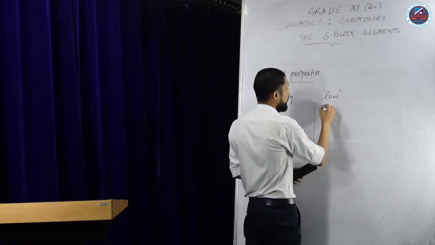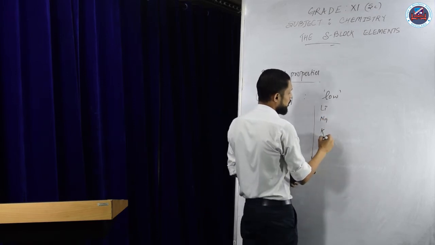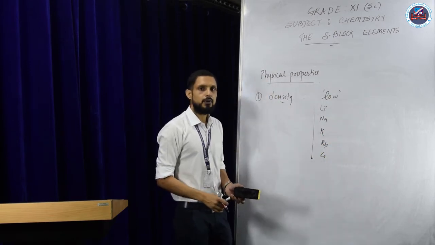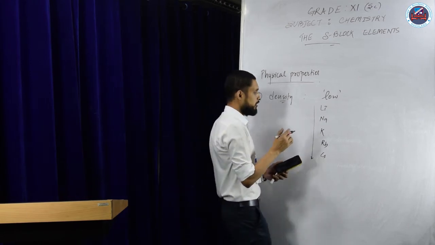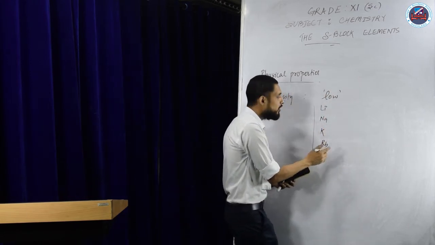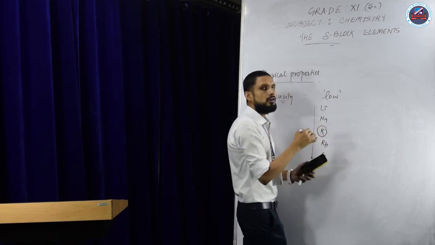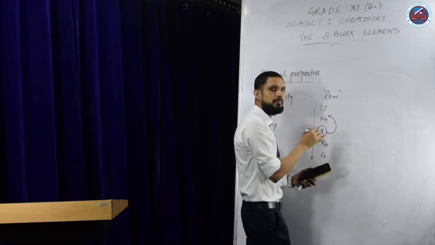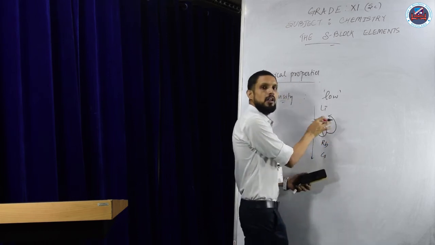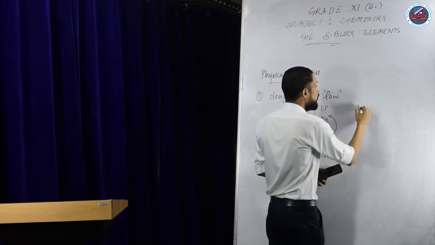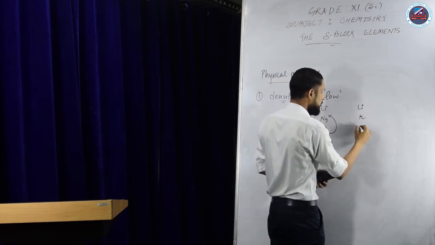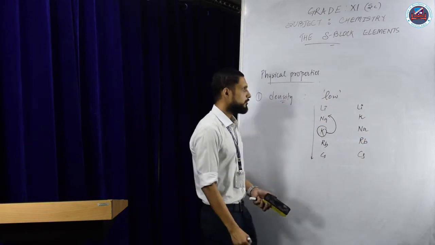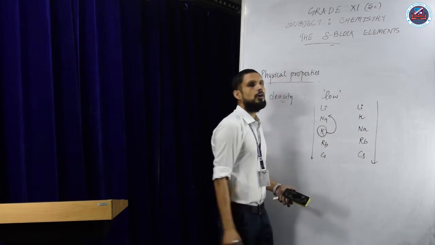That means as we go from lithium, sodium, potassium, rubidium, cesium, the density will increase. There is an exception here. Though it increases, potassium is lighter than sodium. That means the density of potassium is less than sodium. So the actual order is lithium, potassium, sodium, rubidium, and cesium. This is the increasing order of the density.